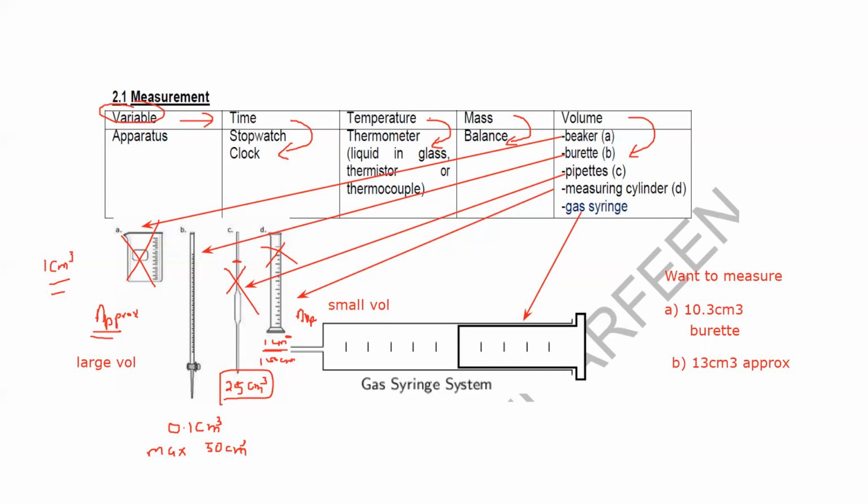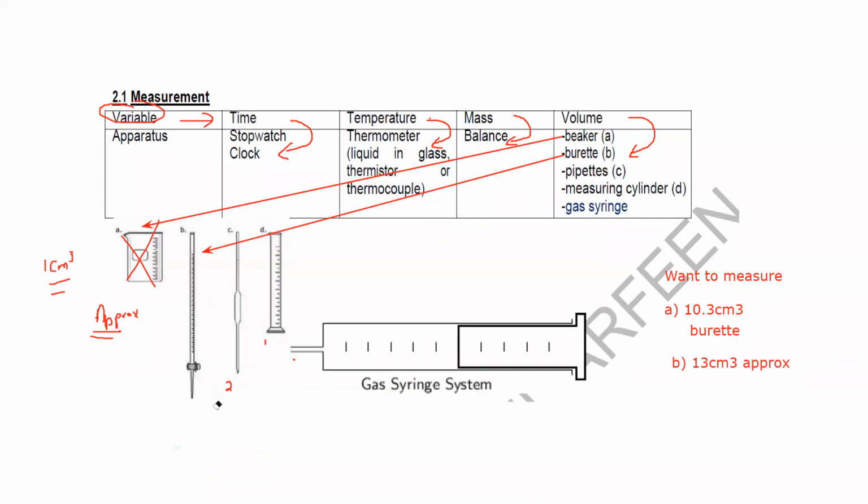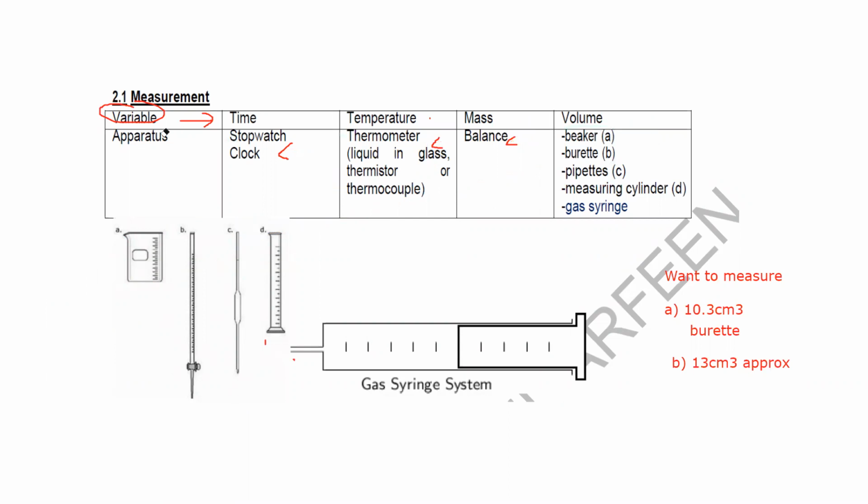If I want to measure 13 cm cube approximately, not exactly, approximately, which apparatus is suitable here? A beaker, a burette, a pipette, or a measuring cylinder?